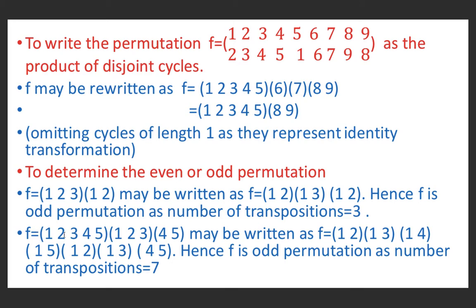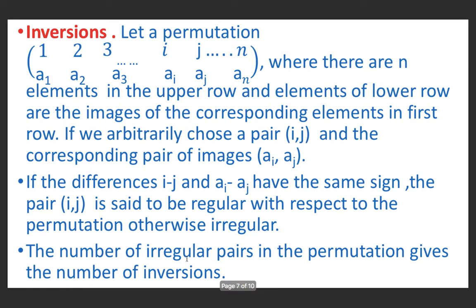If f = (1, 2, 3, 4, 5)(1, 2, 3), it may be written as f = (1, 2)(1, 3)(1, 4)(1, 5) and (1, 2, 3) may be written as (1, 2)(1, 3), and again (4, 5). Hence there are 7 transpositions: (1, 2), (1, 3), (1, 4), (1, 5), (1, 2), (1, 3) and (4, 5). So f is an odd permutation.